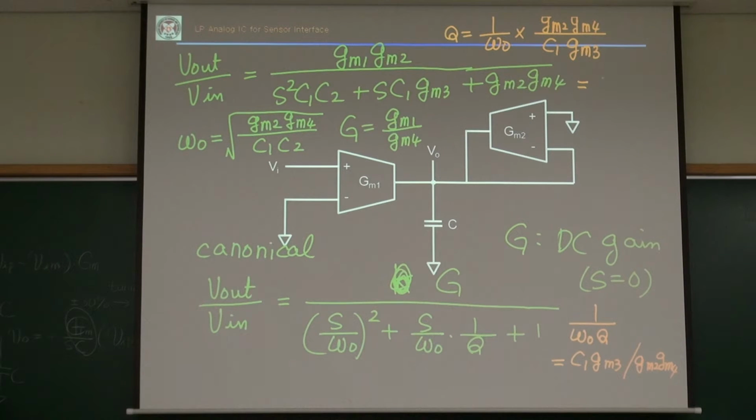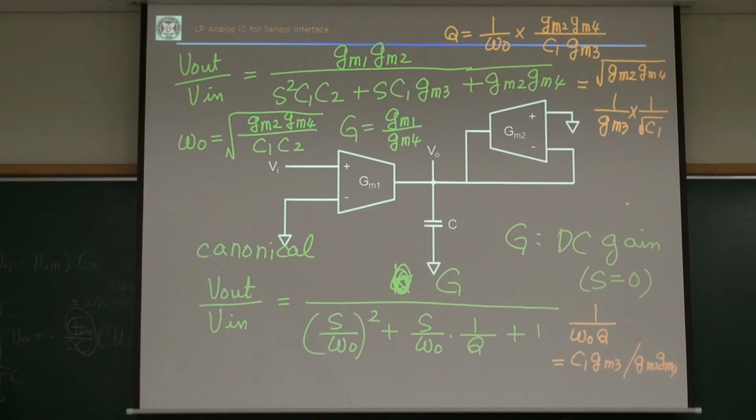So my Q will be square root GM2 GM4, and then how about this C1 thing? C1 equals square root, right? Square root GM3, 1 over GM3 times square root C1, something like that.